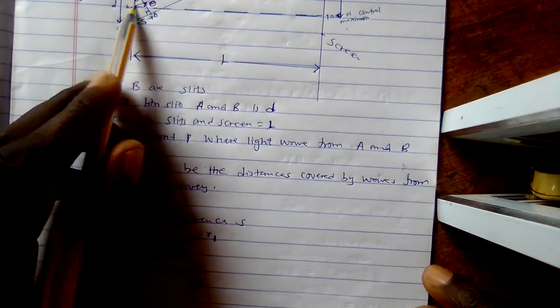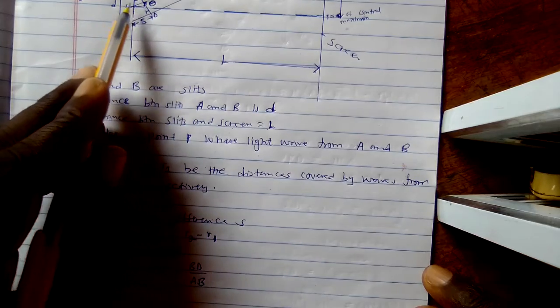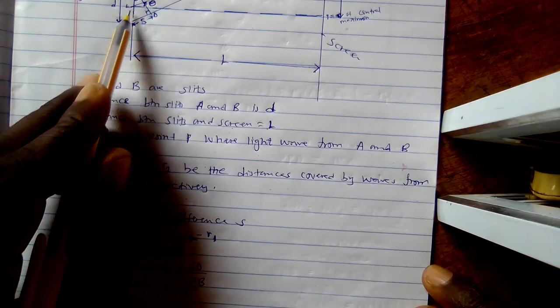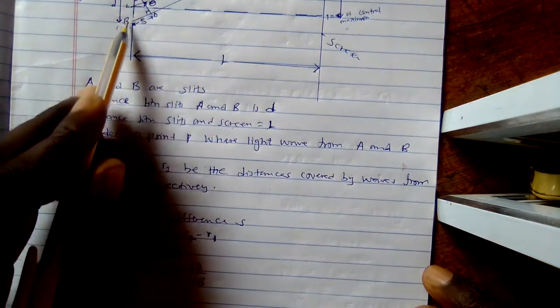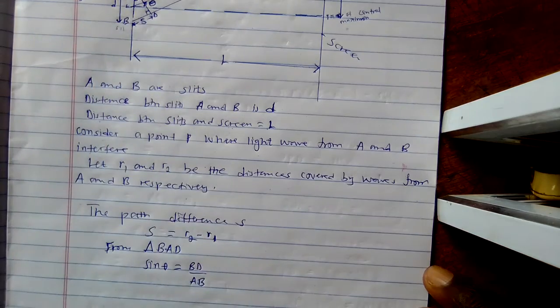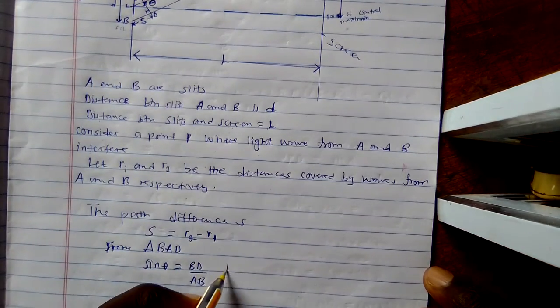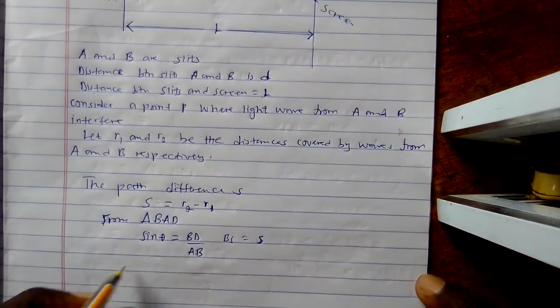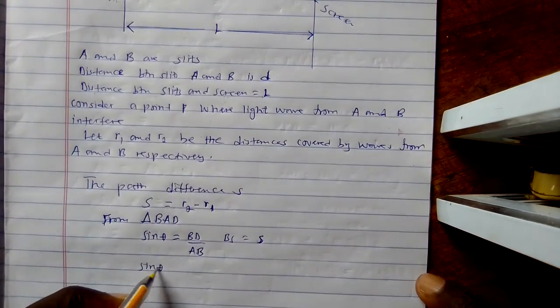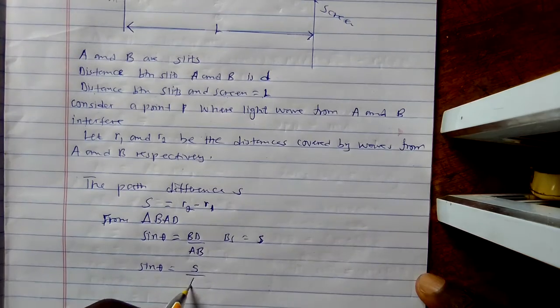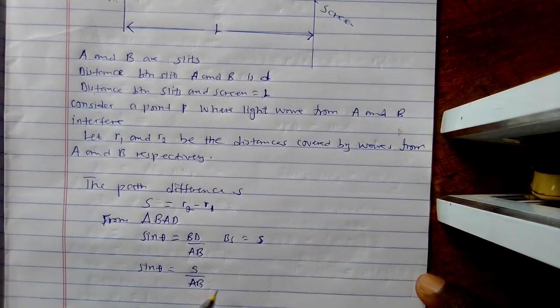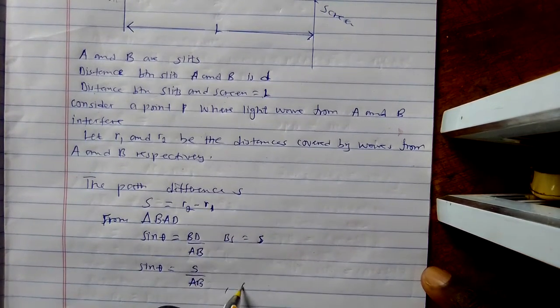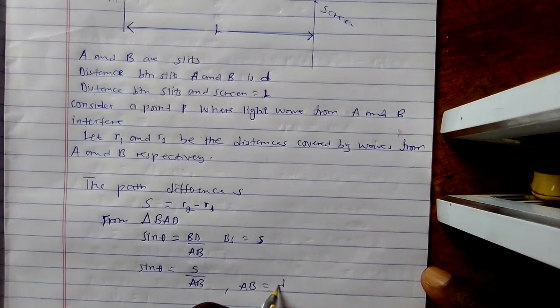Sine theta is opposite over hypotenuse, and this is our opposite over the hypotenuse here. But BD is the path difference s. So sine theta is equal to s over AB, and AB is equal to d.